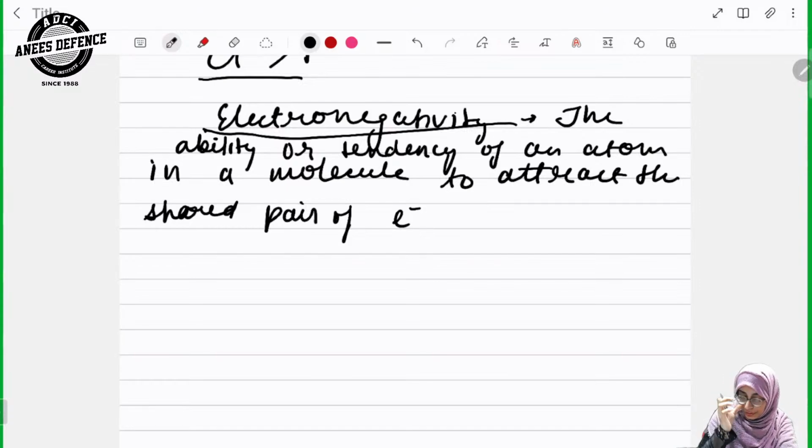So electronegativity is the ability or tendency of an atom in a molecule to attract the shared pair of electrons.